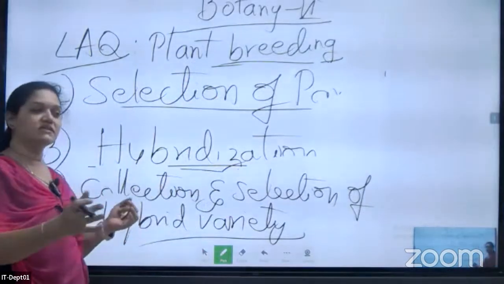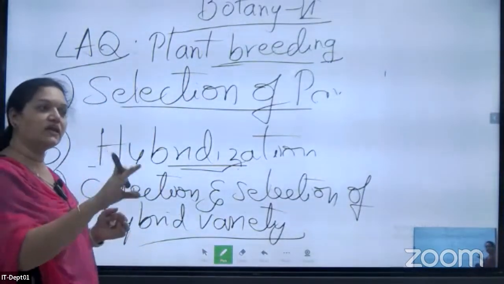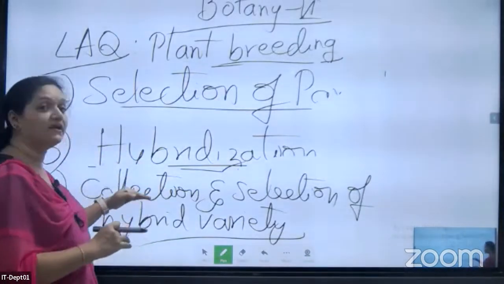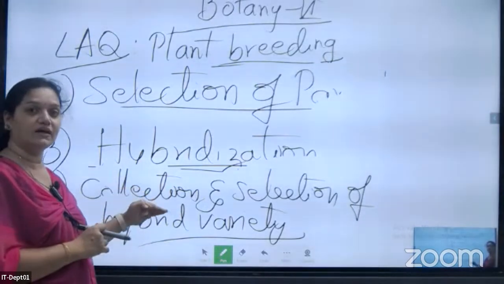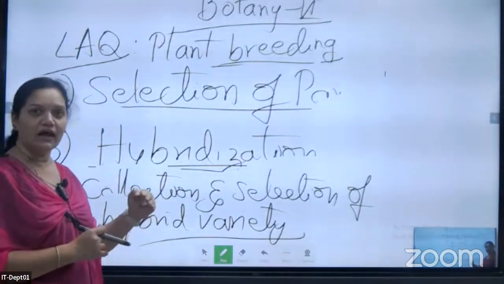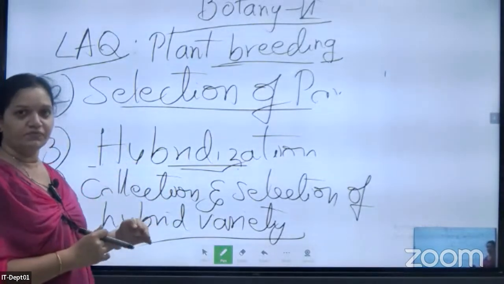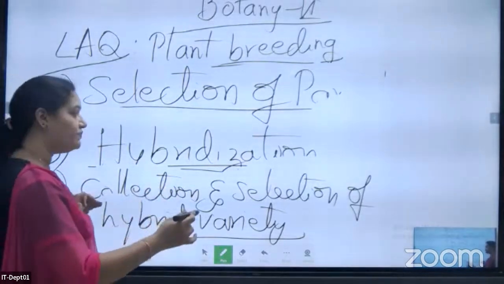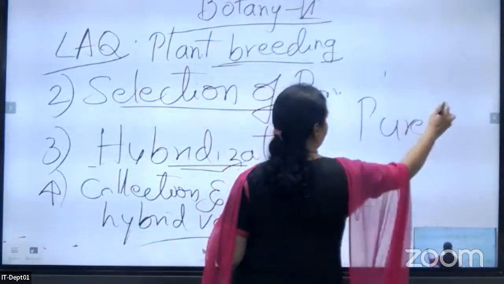It's a very easy topic to expand and write 3 or 4 points in this side heading part itself. So here we are collecting the seeds from the suitable plants which are growing very fast, and the quality of the seeds should be very nice. And here we have to follow the pure line selection.